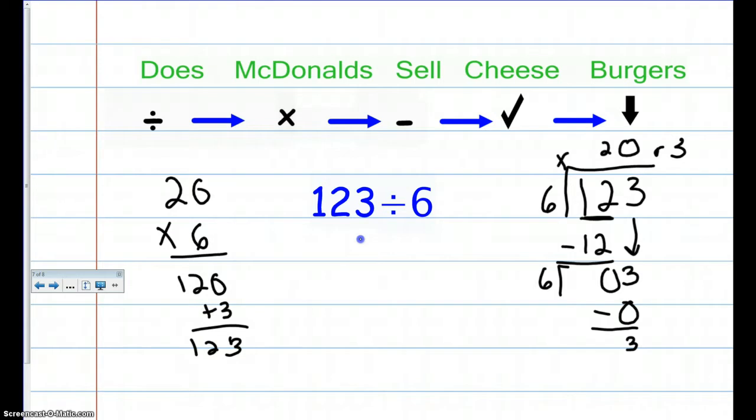If I hadn't finished my steps, I would have just gotten 2 remainder 3. Well, 6 times 2 is 12 with a remainder of 3 is 15. So my checking wouldn't have worked. You have to go through all of the steps.